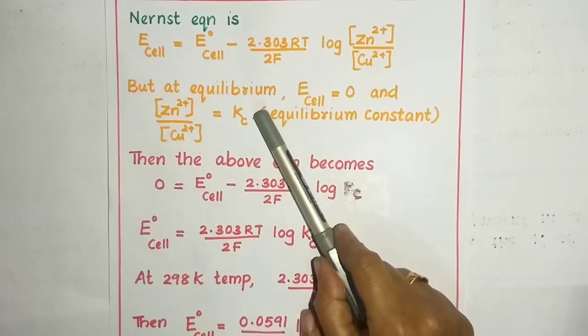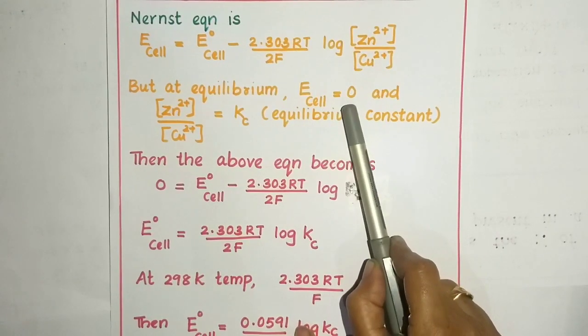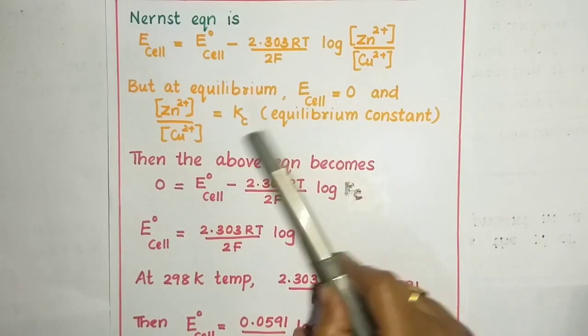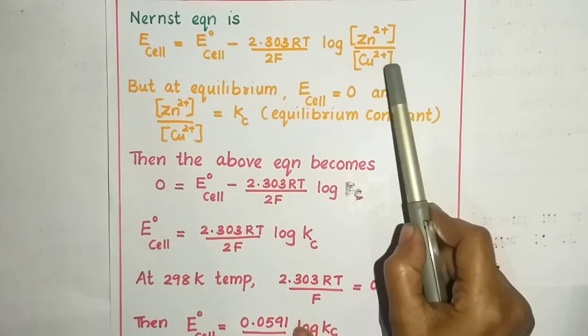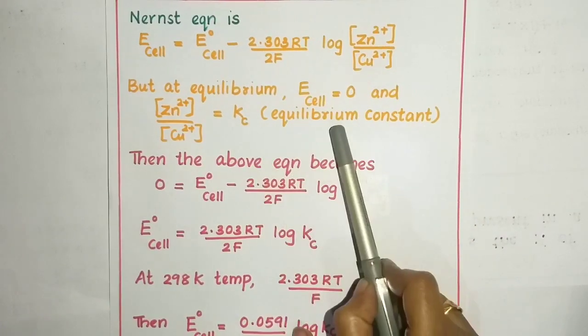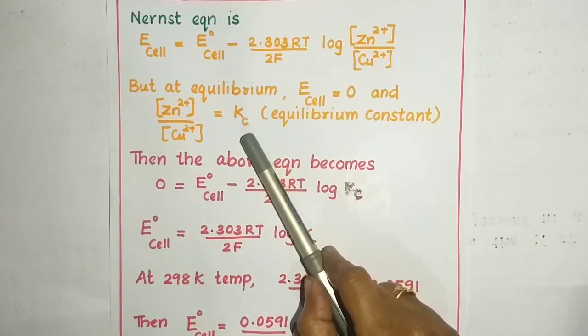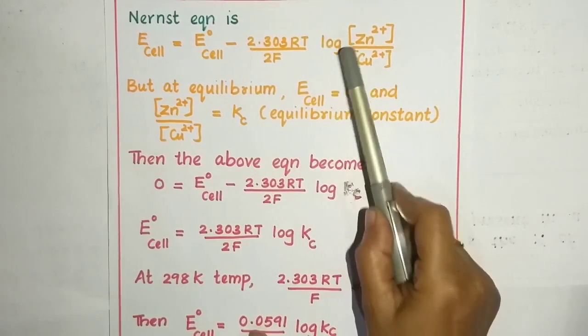But at equilibrium, E cell is equal to 0. That means the cell potential is equal to 0 and the concentration of Zn2+ divided by concentration of Cu2+ is known as equilibrium constant Kc. Then substitute the values in the above equation.